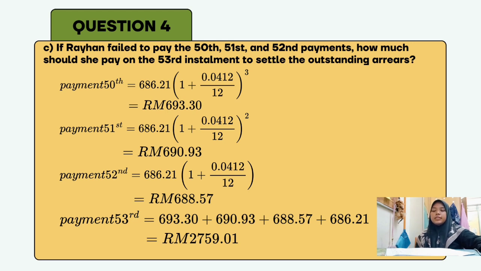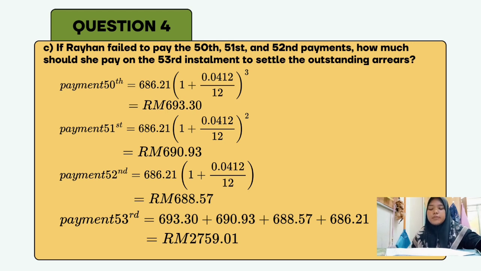The P is 686 ringgit and 21 cents, and for each payment we fill in all the given information into the formula, and we get different answers. At payment 15, we get 693 ringgit and 30 cents, for payment 51 we get 619 ringgit and 93 cents, and for payment 52 we get 688 ringgit and 57 cents.